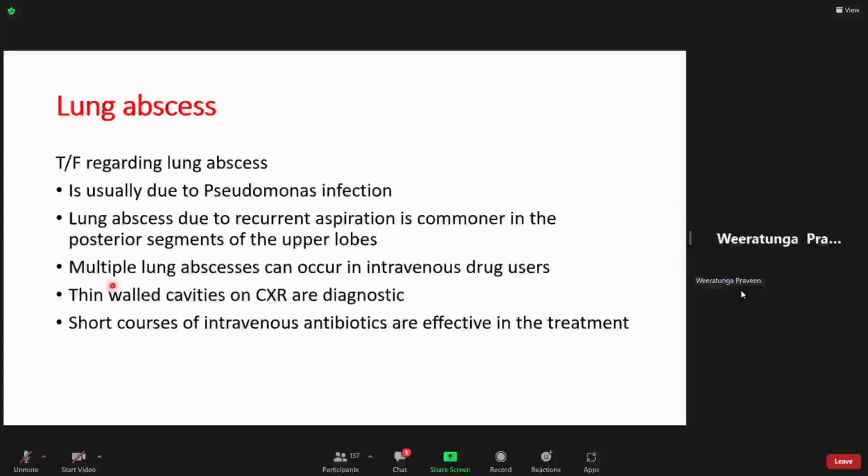Multiple lung abscesses can occur in intravenous drug use. We have discussed this before. Intravenous drug users get endocarditis of the right heart, and that causes septic embolization into the lungs. So multiple lung abscesses can occur in intravenous drug users.